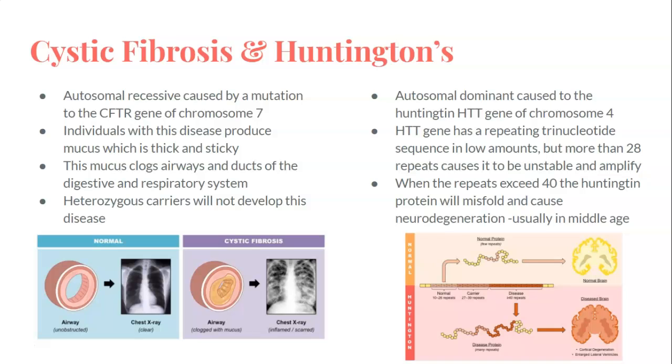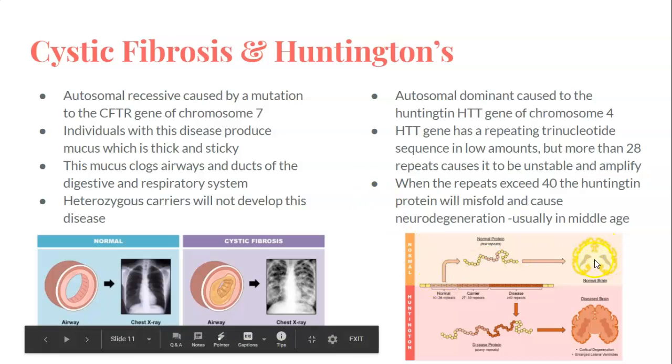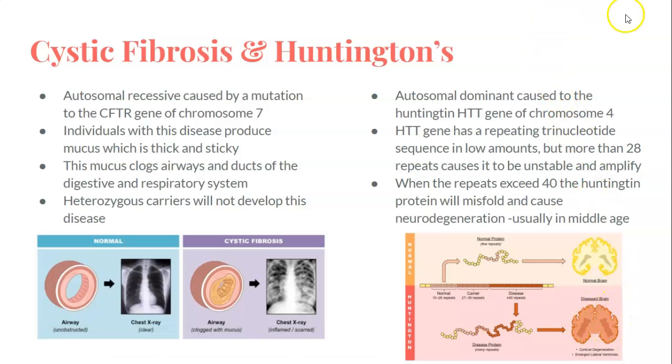So when the repeats exceed 40, the protein will misfold and cause neurodegeneration, which means that your brain will start to degenerate over time. You can see that you have your normal brain with your normal protein, and then as the protein unfolds and misfolds, you have some degeneration happening in your brain.